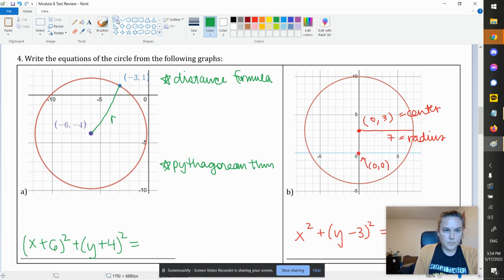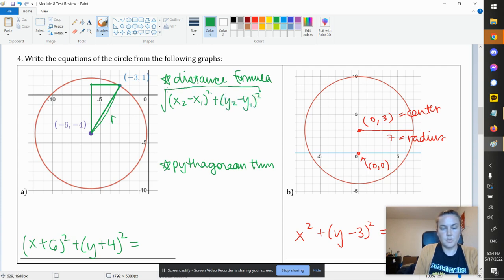This is my triangle, and I'm trying to find this radius, right? For the distance formula, I would do x2 minus x1 squared plus y2 minus y1 squared, all square rooted.